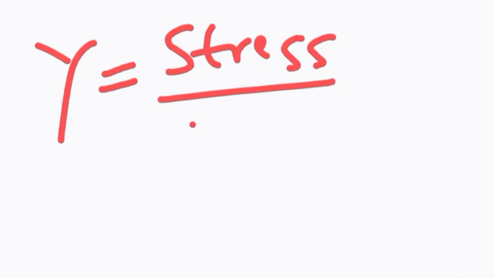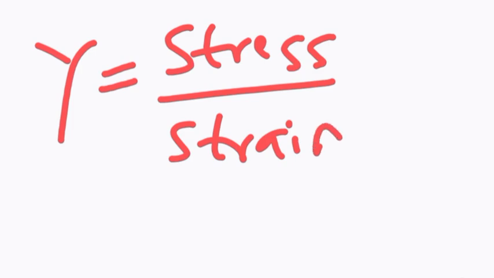Let's start with modulus. Modulus of elasticity is equal to the ratio of stress to strain. Now, what is stress? Remember, this is under elasticity, the ability of a material to retain its original shape and size after being distorted by an external force.